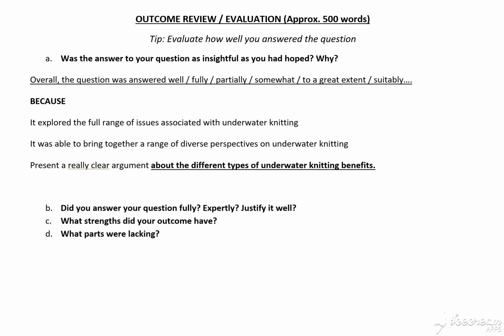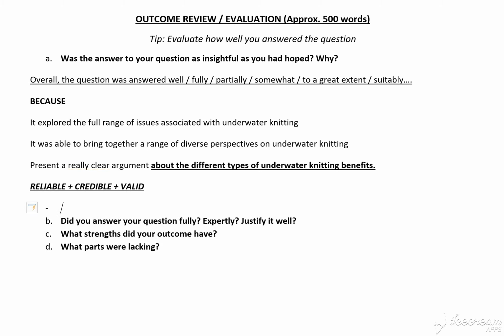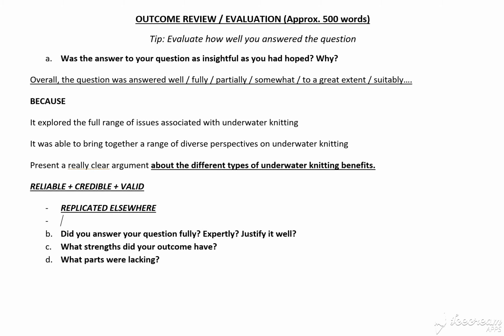And in this beginning section, you might also start to think about what went well. So what made your answer reliable and credible and valid? To make it reliable means that your findings could be replicated elsewhere, that you drew upon a broad and appropriate amount of research to illustrate your points.